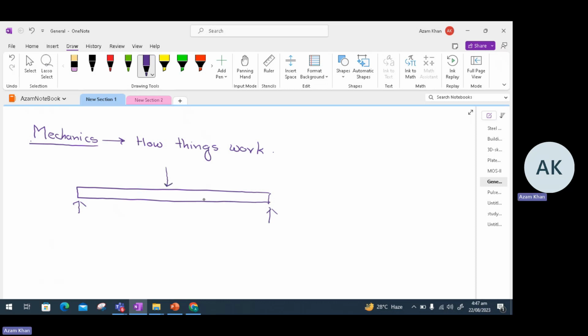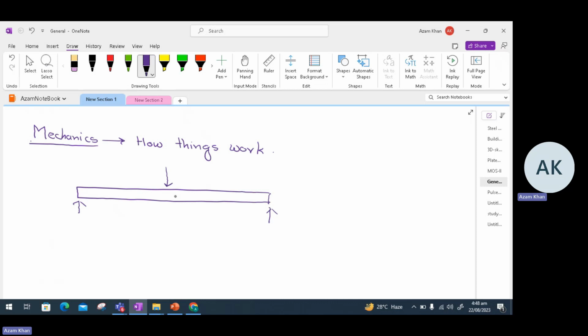Mechanics will tell us how this load will flow through the beam and come to the support. So how will this structure work, how will it perform its intended use?